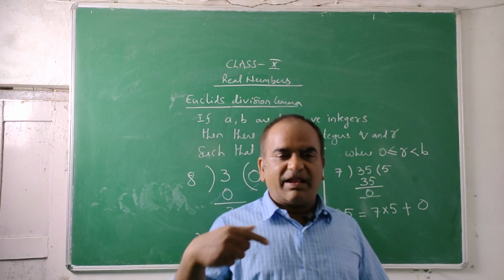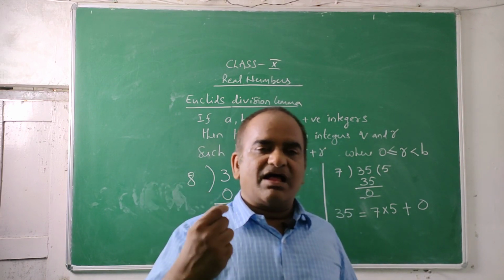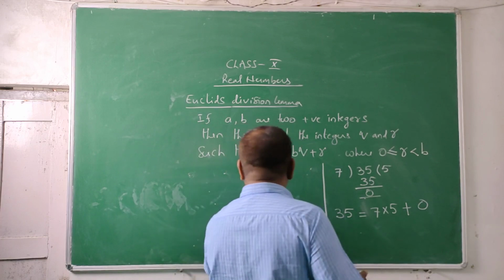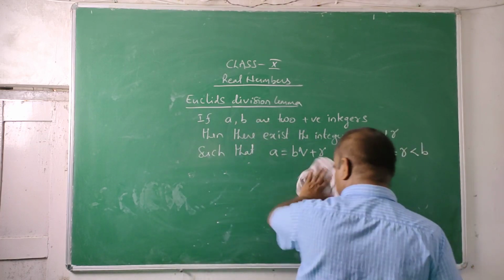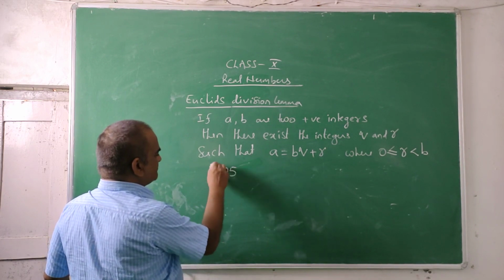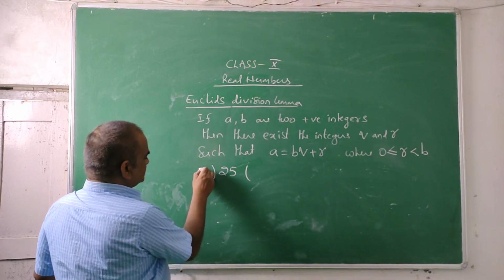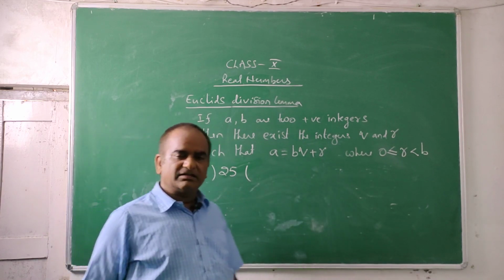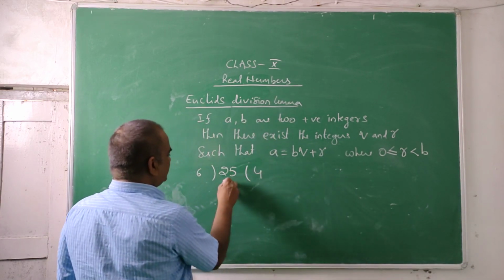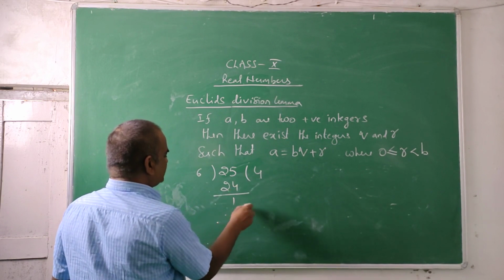So I'll explain this lemma taking the last example now. You are dividing 25 by 6. Then 6 fours are 24, the remainder is 1.